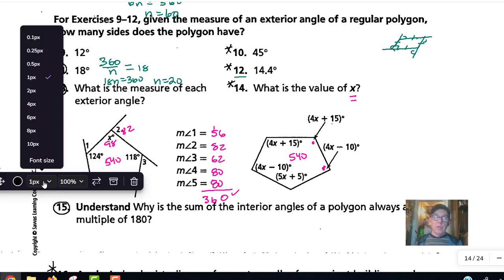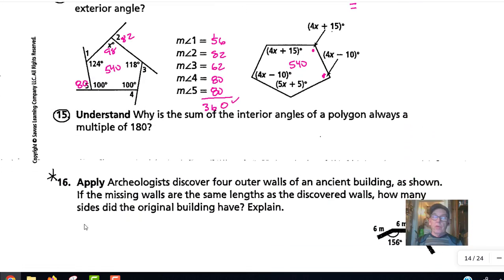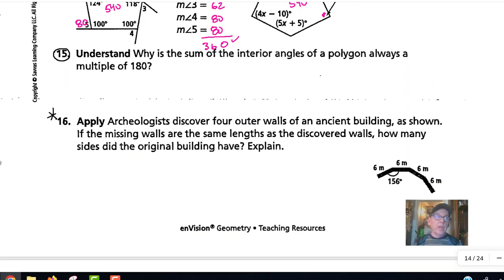Why is the sum of the interior angles in a polygon always a multiple of 180? Well, one thing that we saw is, if I take say a pentagon, then a hexagon, and say a heptagon, and think about drawing triangles inside, the number of triangles is always 2 less than the number of sides.